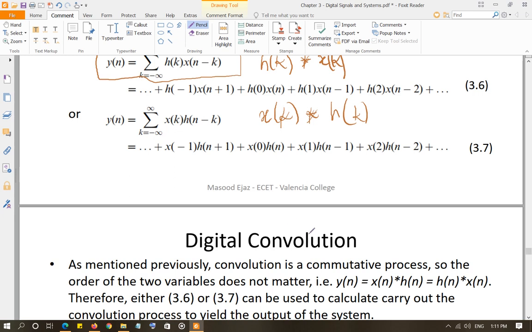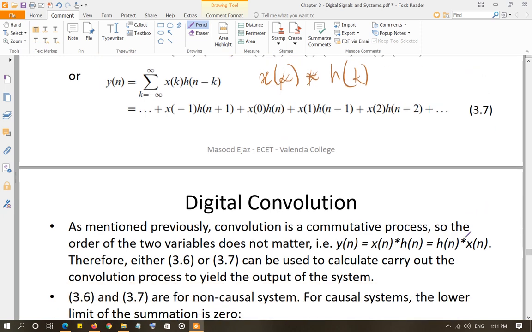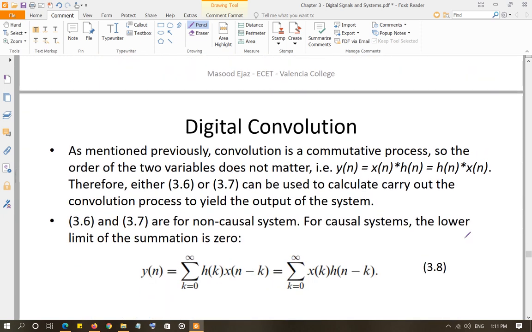All the values before our reference n equal to 0 are not needed; if the input is coming at n equal to 0, the output cannot arrive before that. Hence for a causal system, the convolution starts at k equal to 0.